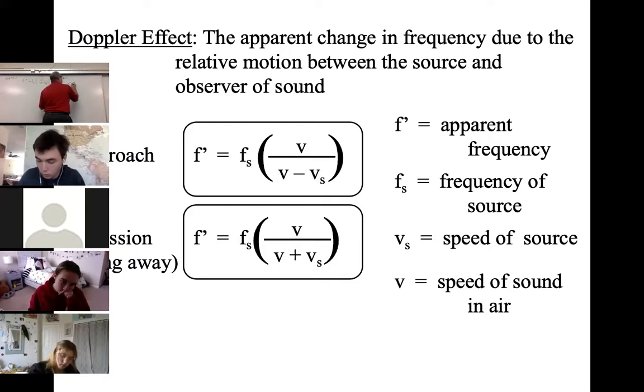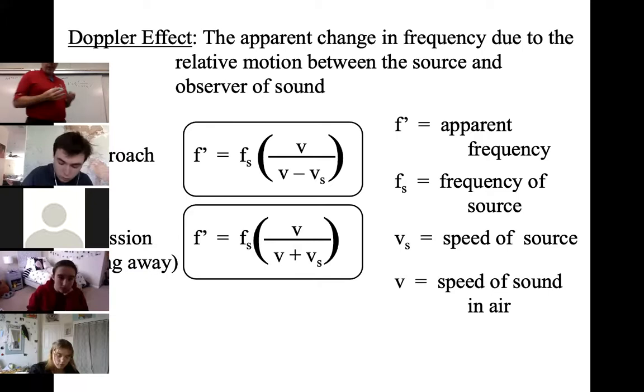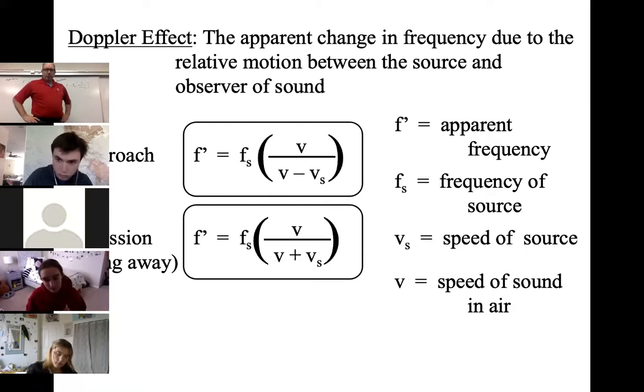So for going away, when the source is receding from you, F prime is equal to F sub S times V over V plus V sub S. There's only one difference in those two equations, and that's the sign in the denominator. Okay, so I'm going to have you get that down, and then I want to do an example of this. It's a little bit scary, but it's not that bad once you work with it. So trust me on that one.